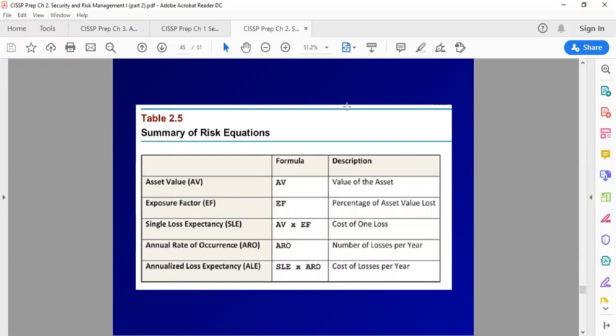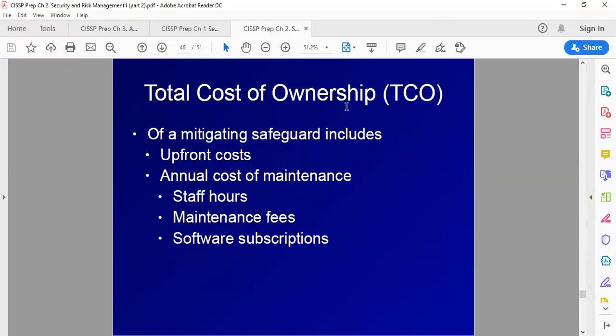Okay, and then we get the single loss expectancy, the cost of one loss, so we have to calculate the annual loss. Once we calculate the risk, we have to calculate it on an annual basis.